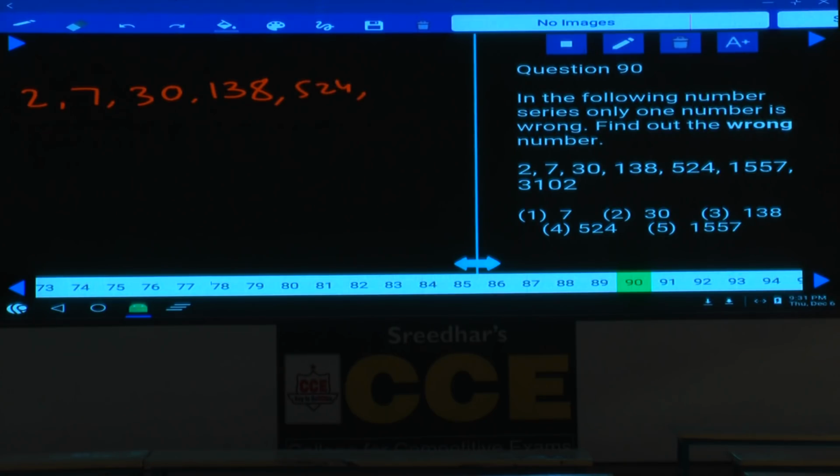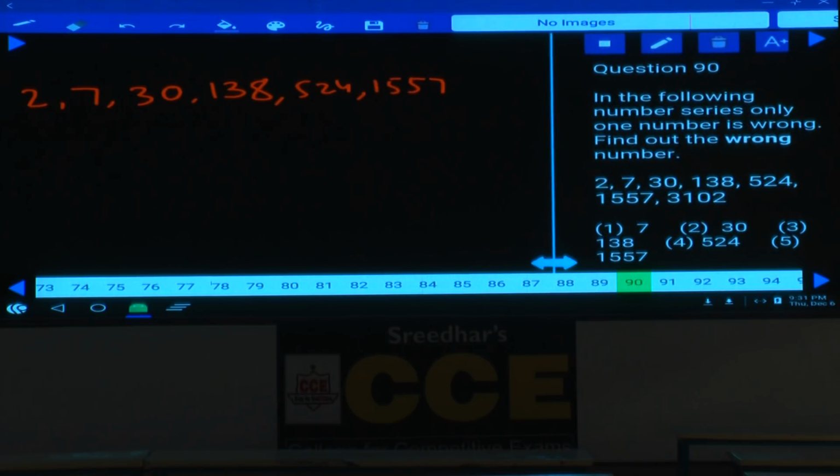After this 524, 1557. Next to 1557 is 3102. Now here the difference between these two numbers, tell me here. Now this is 3114, into 2 minus 12, isn't it? Now next one 524 and this one 1500, 24, 72, and this is into 2 minus 15.